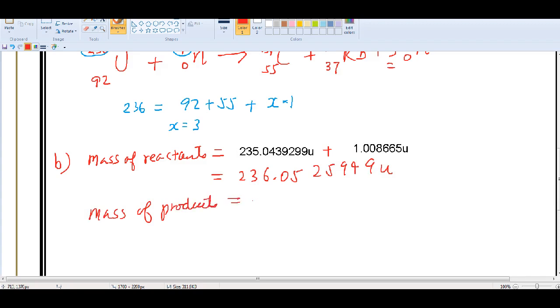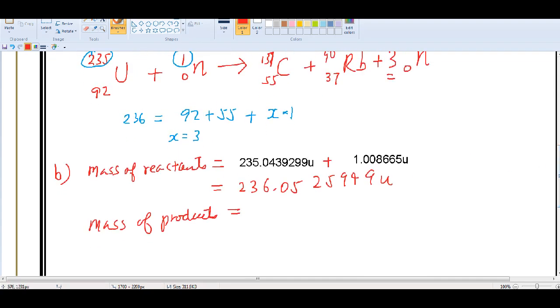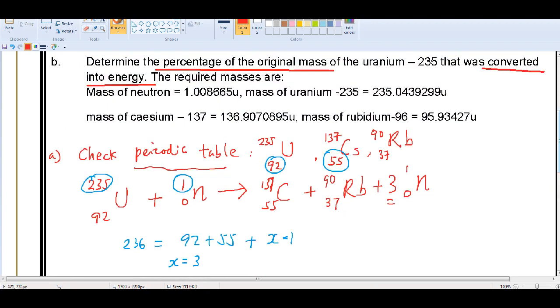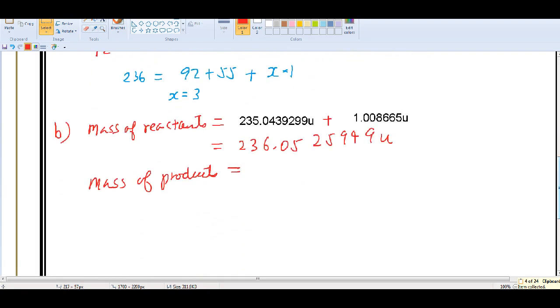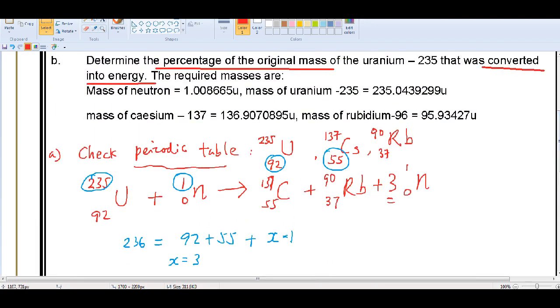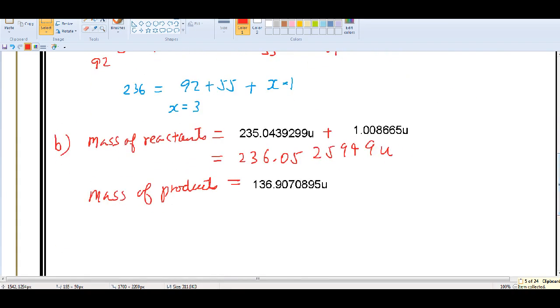Now the mass of products, which includes 3 times the mass of neutron, since we got 3 neutrons.